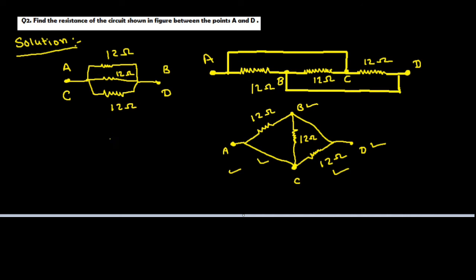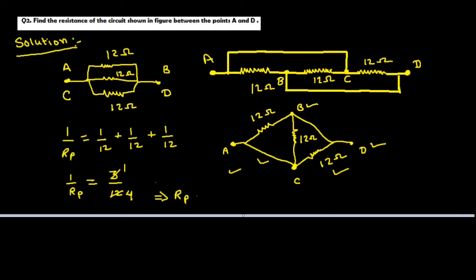Therefore, 1 by Rp is equal to 1 by 12 plus 1 by 12 plus 1 by 12, which means 3 by 12. So 3 into 1, 3 into 4. This implies that Rp is equal to 4 ohm. Hence, the equivalent resistance across the terminal A and D, RAD, is equal to 4 ohm.